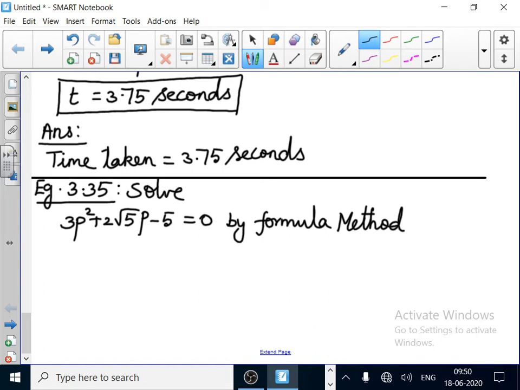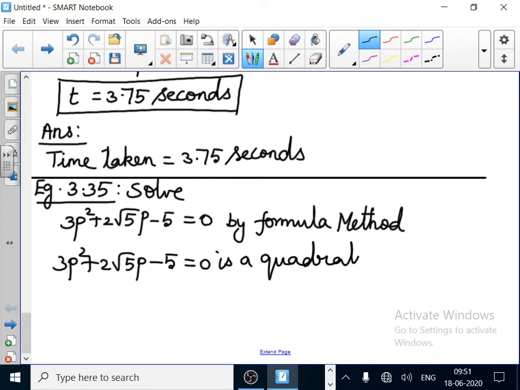So comparing, with the same procedure, 3p square plus 2 root 5 p minus 5 equal to 0 is a quadratic equation in p. So you have to write the answer p equal to.